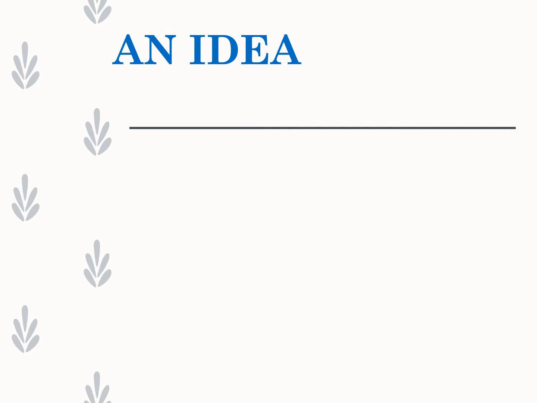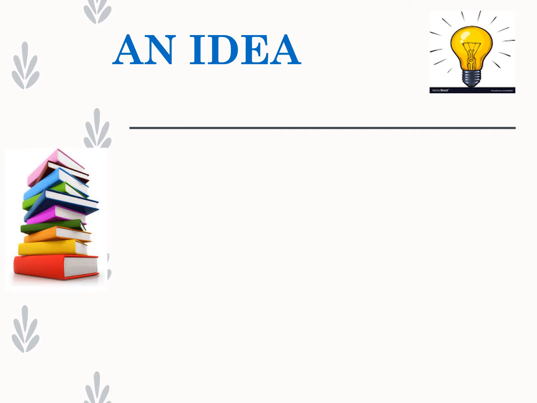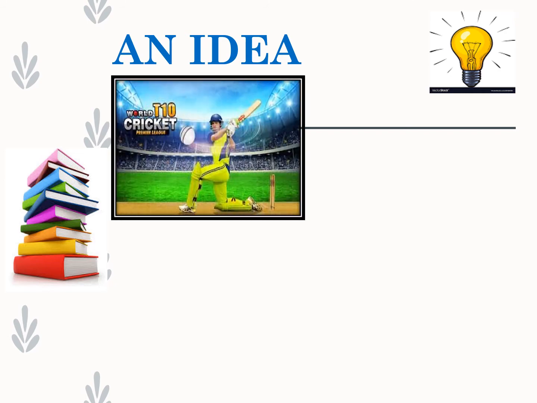What is an idea? As I told you before, when we look at a lit bulb, it is a symbol that someone has just got an idea. And with a small idea, authors have written big books, novels. Then we have different formats in different games. Someone had a small idea, they expanded upon it, and therefore today we have World T10 cricket.